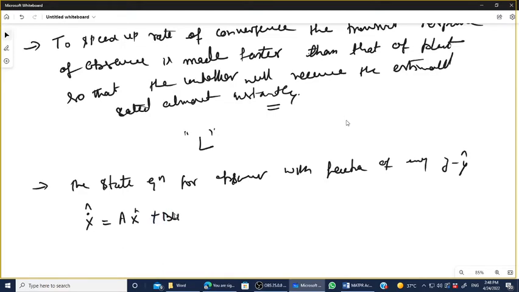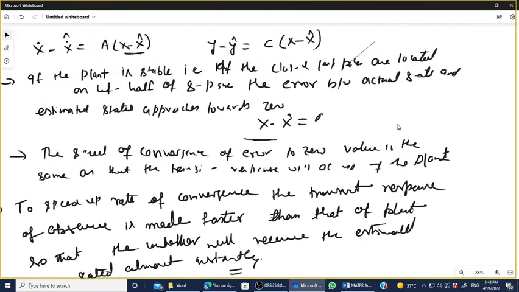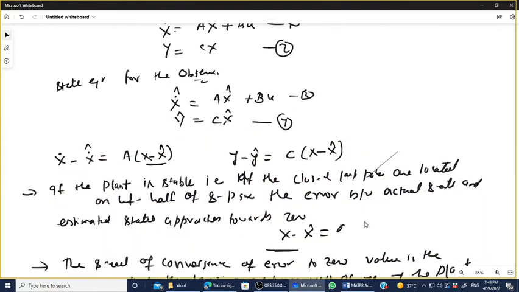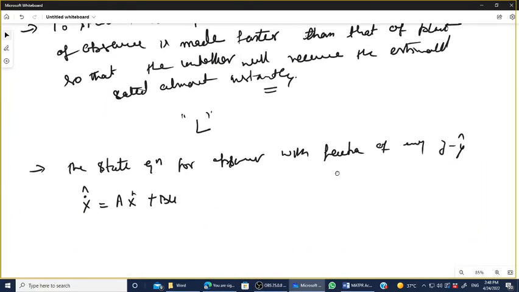You can see from the figure, your x dot cap becomes Ax cap plus Bu, right, plus y minus y cap into L, right. It is transferred to that point. So A x cap plus Bu plus L times y minus y cap.